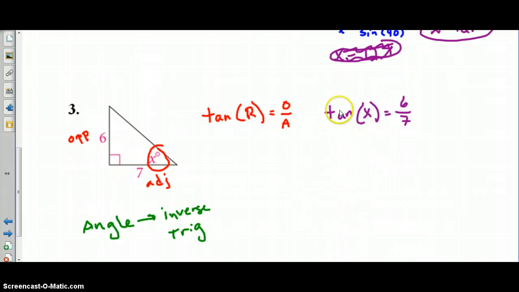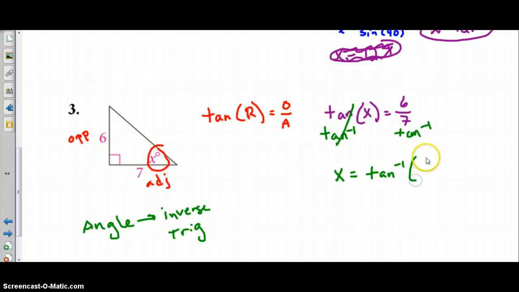To undo the tangent function, we're going to use the tangent inverse, and we apply that to both sides. The tangent and tangent inverse operations undo one another, so on the left-hand side, we will just have x. And on the right side, we're going to take the tangent inverse of 6/7.